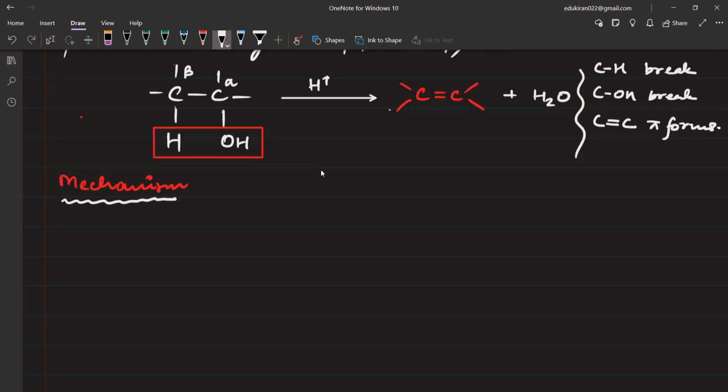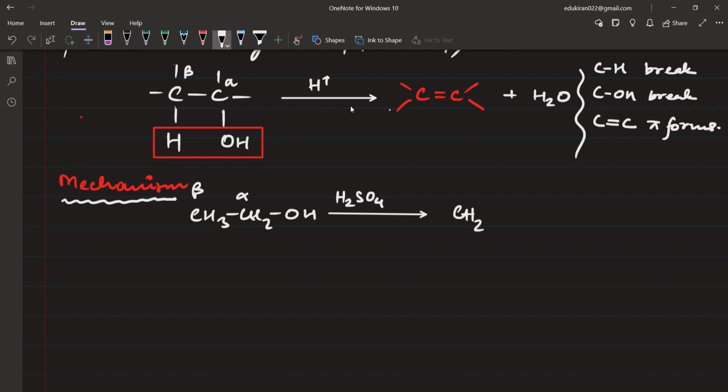So we'll see the mechanism of ethanol to ethene. CH3CH2OH in the presence of H2SO4 is going to give you, after removal of OH from the alpha carbon and one hydrogen from the beta carbon, CH2=CH2.